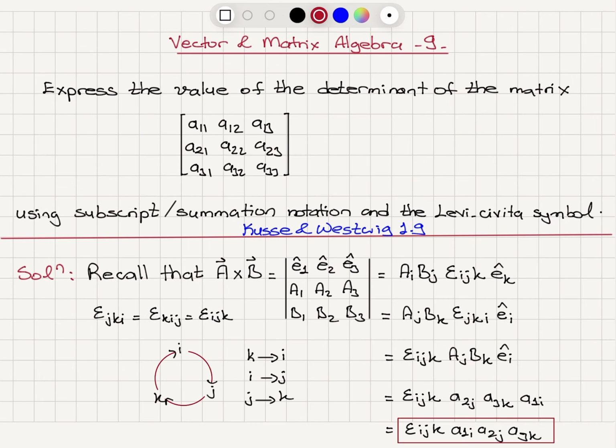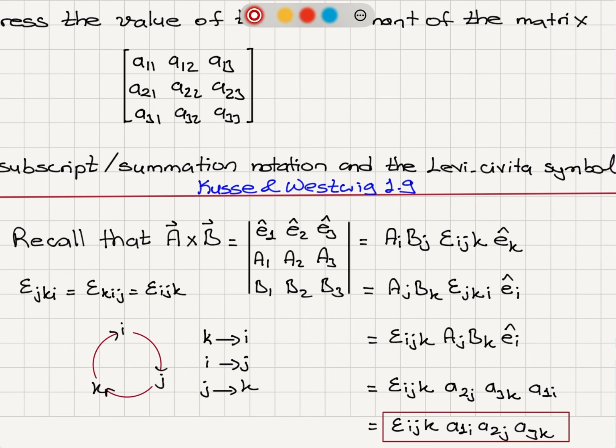Okay. So we were asked to find the value of the determinant of this 3 by 3 matrix. First, I recall how I do the cross product A cross B. It is the determinant of this matrix, where I have Ai Bj epsilon ijk ek hat as the subscript summation notation. I have replaced k with i, i with j, and j with k to obtain this. And then I have noticed using cyclic permutations in the clockwise direction, jki is equivalent to ijk.